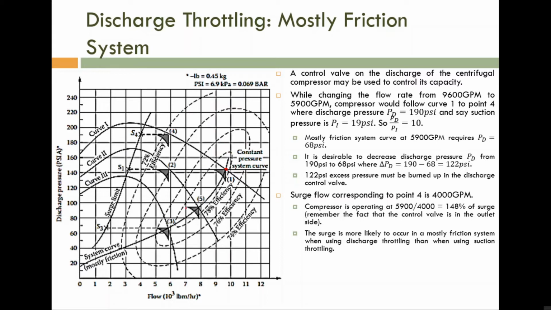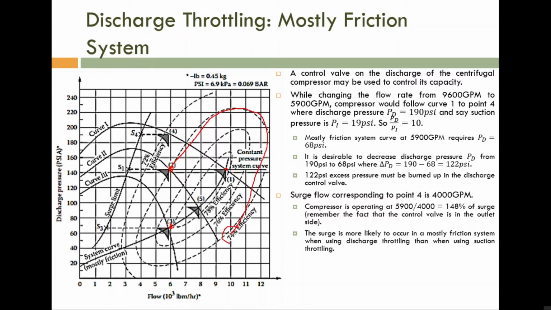Towards here the efficiency is large, and you can see that the efficiency decreases as you move away from this region. Please note, if you are comparing the constant pressure system and the mostly friction system, this is the constant pressure system, this is the mostly friction system. In the constant pressure system, the efficiency corresponding to operating point 2 is around 74%.